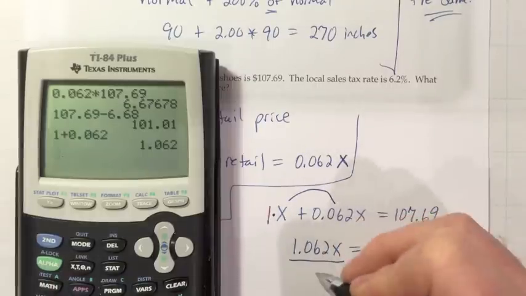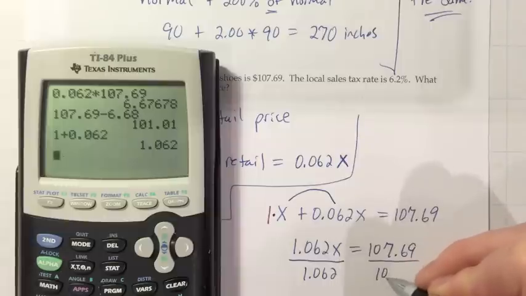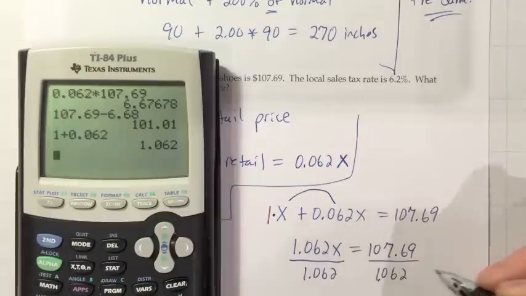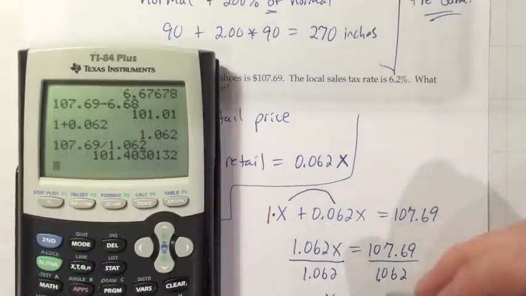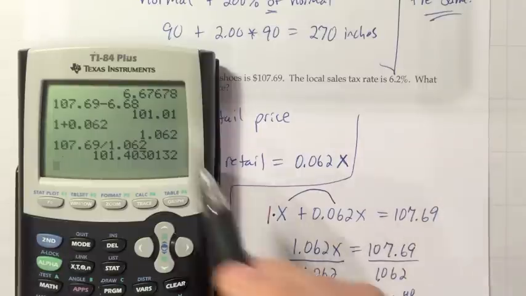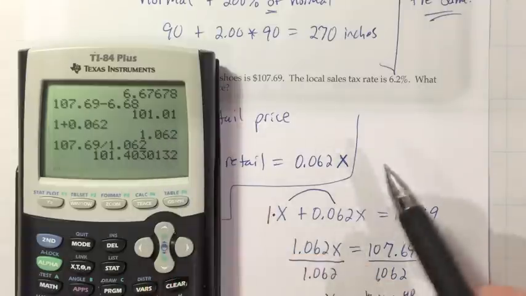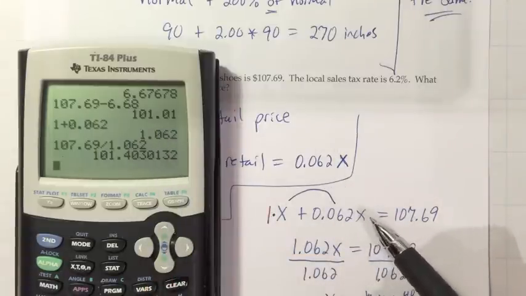And then you divide by the coefficient of x to get x by itself. So we'll divide both sides by 1.062. So x is approximately, let's see what we get, 107.69 divided by 1.062 is actually $101.40, which is a little different than what people often get when they apply the percentage 0.062 to this number instead of to the unknown.